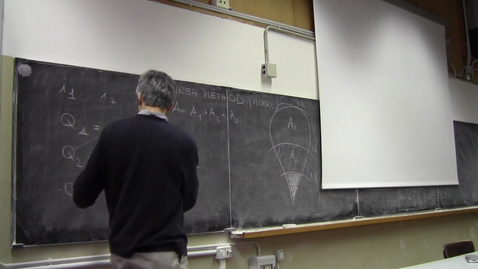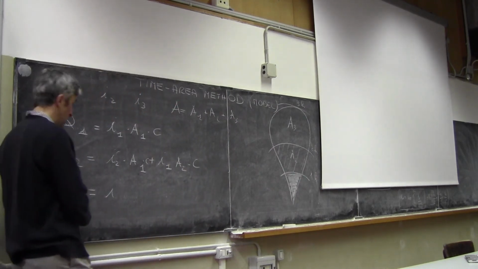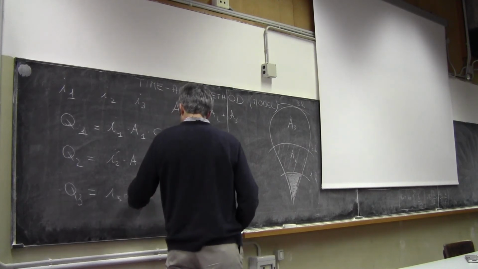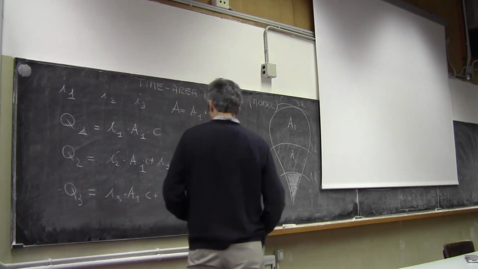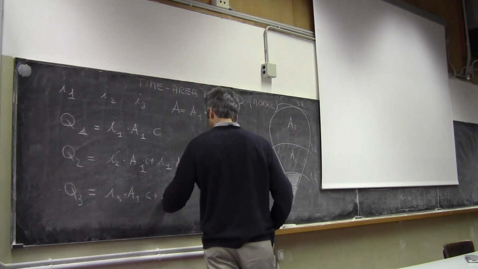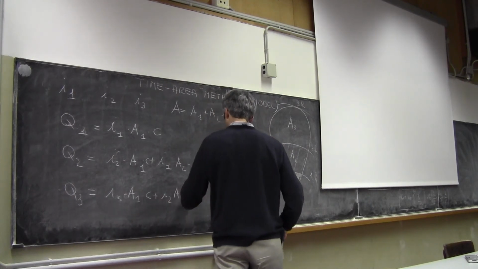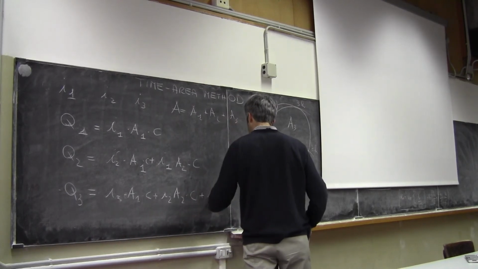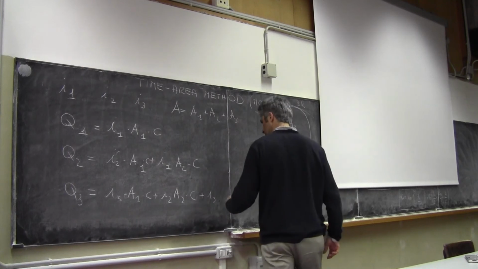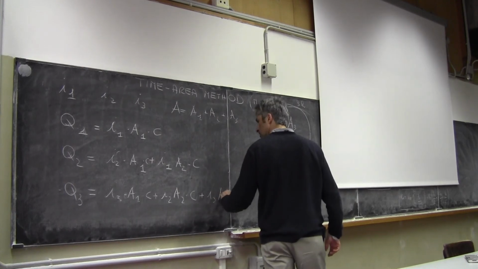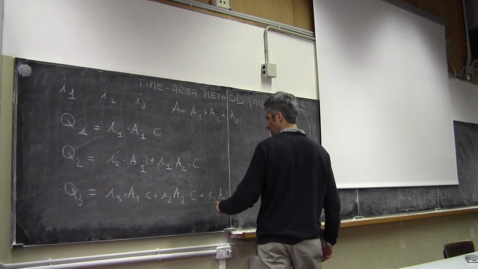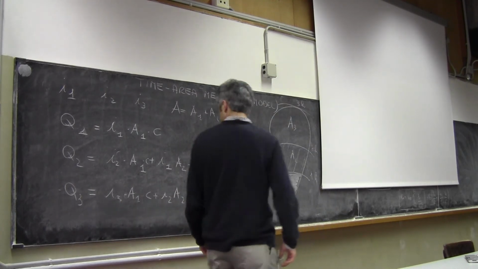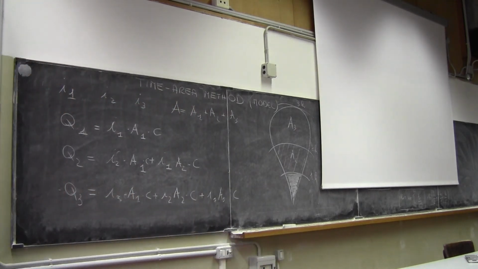So here now we have at the end of the third hour, I3 times A1 times C plus I2 times A2 times C plus I1 times A3 times C. This is what's happening.